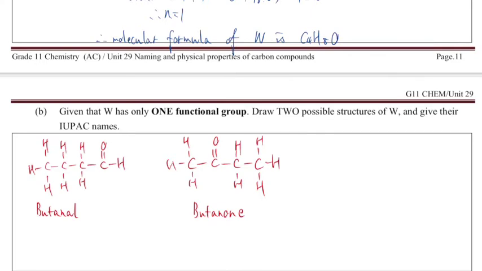And for this one, there's no need for us to mention the position. If we move the C double bond O to here, then we start to count our carbon from this side, so still the same position. Okay, and then we move on to the next question.